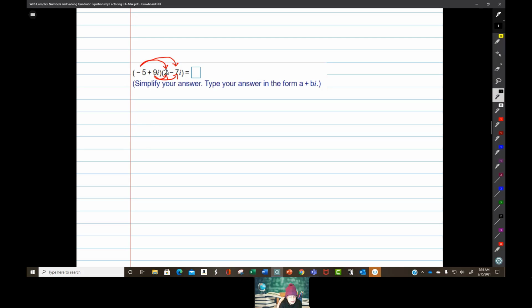Negative 5 times 2 is negative 10. Negative 5 times negative 7i is positive 35i. And positive 9i times positive 2 is plus 18i.